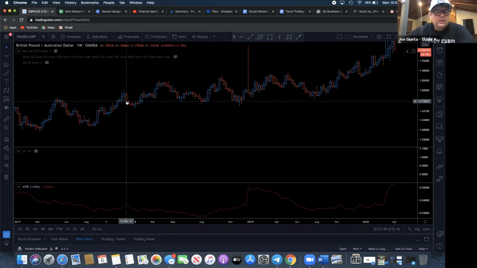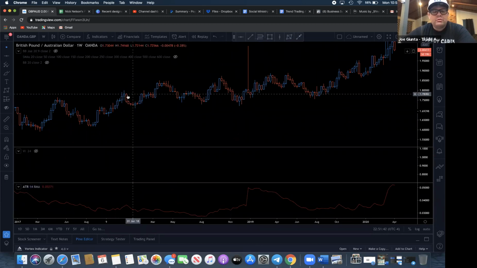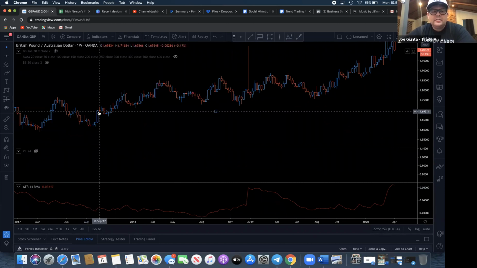If this is a 14 ATR, it's measuring 14 time periods of your chart, and giving you the average amount of movement in each candle.